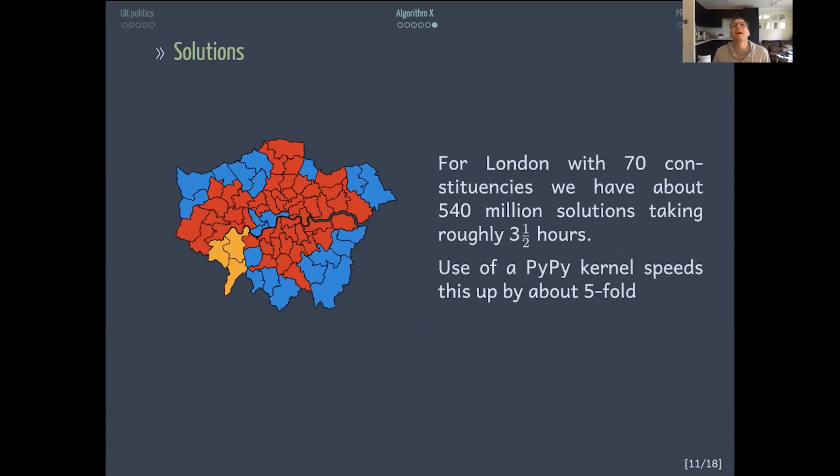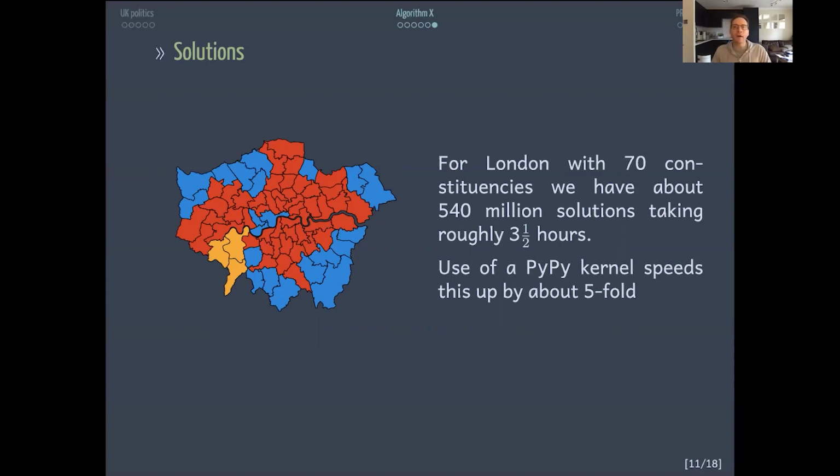Now, I didn't actually need all 540 million of those, and I didn't really want to take 3.5 hours because I was hoping to rerun this for multiple regions and for multiple numbers of seats being merged together as well. Now, there are a couple of ways to speed things up. The one thing about Algorithm X is that it's non-deterministic.